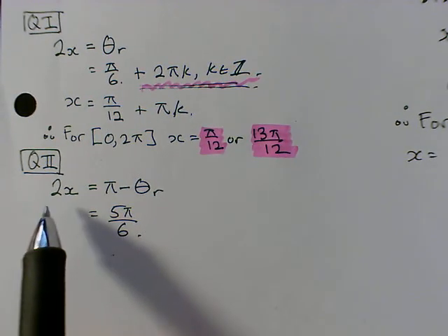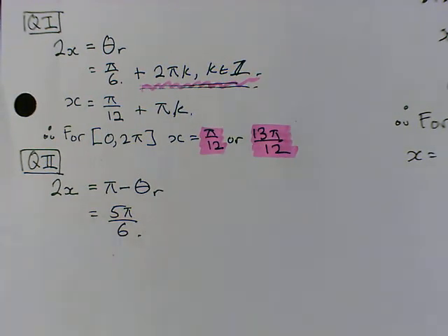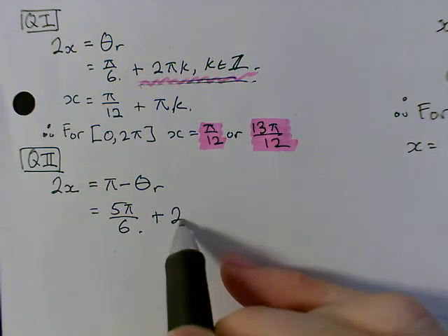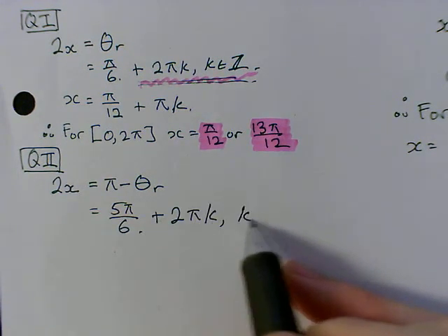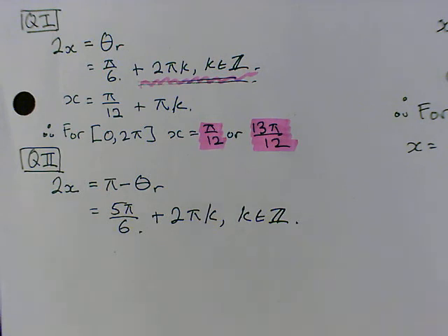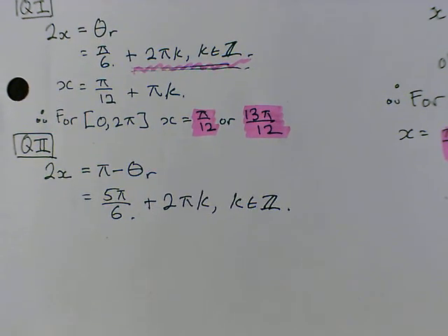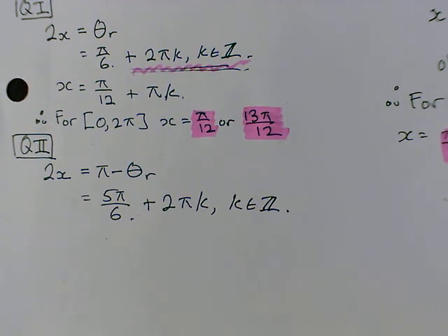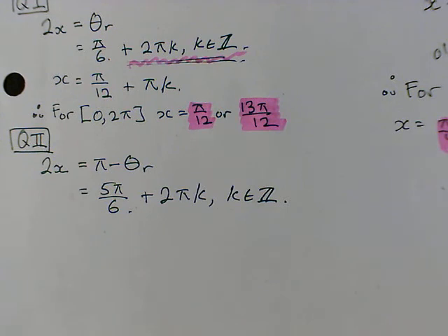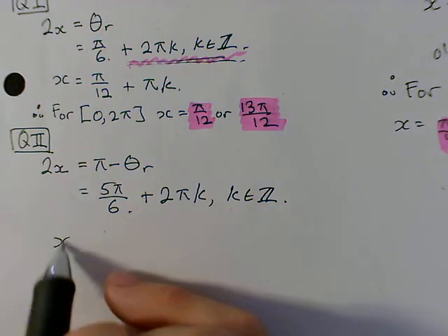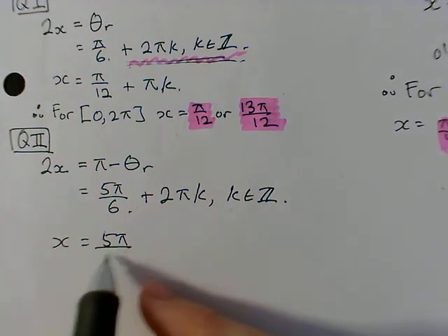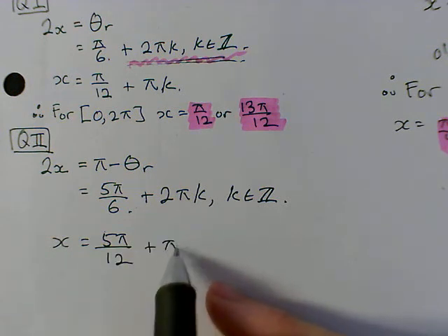Again, in quadrant 2, it's not just 5 pi over 6, it could be every coterminal angle with 5 pi over 6. So get used to doing this when they are asking for general solutions. That means x is equal to 5 pi over 12 plus pi k.